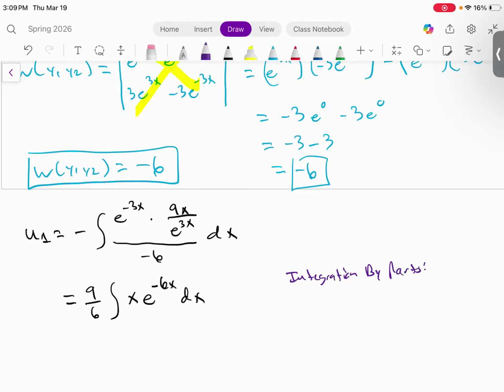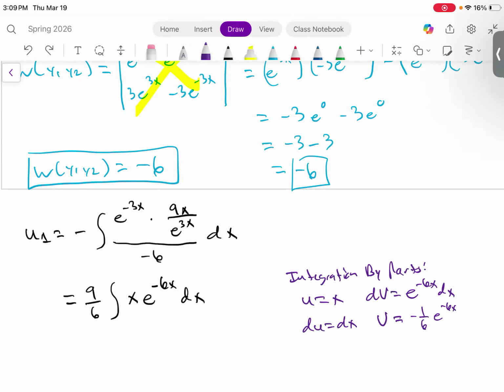Luckily, I think it's just going to be one round because u would be x, dv would be e to the negative 6x dx, du would just be dx, and v would be negative 1/6 e to the negative 6x.